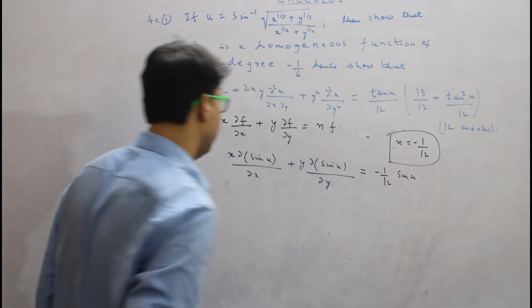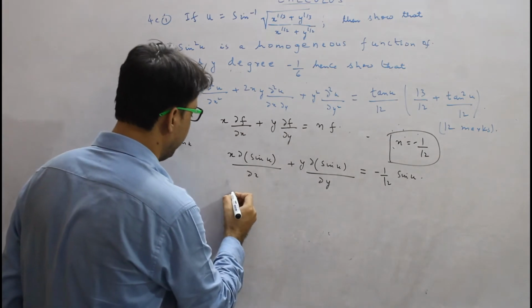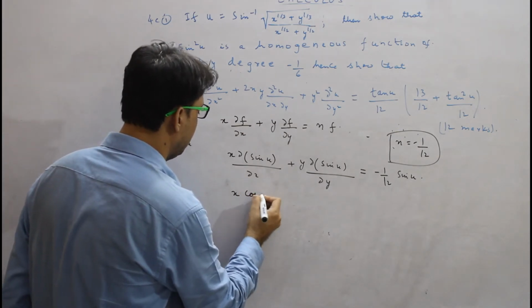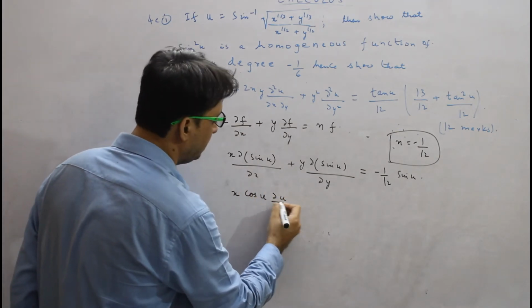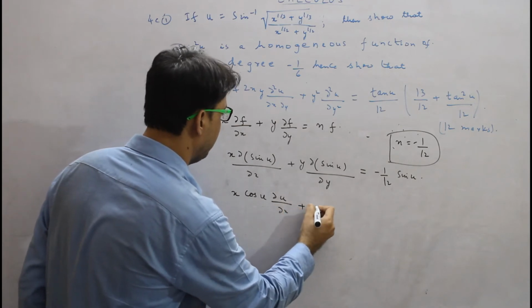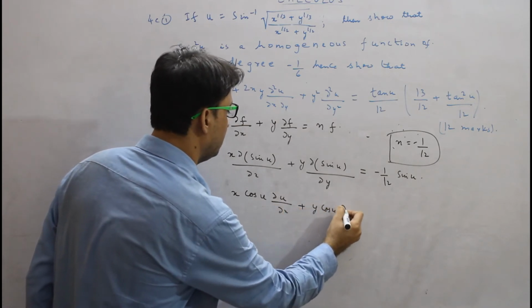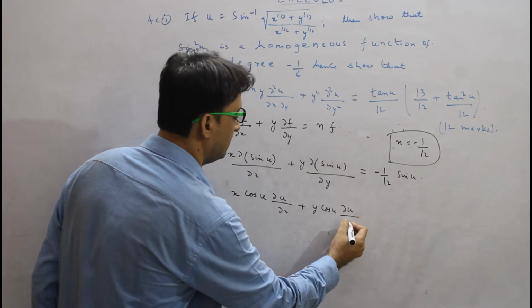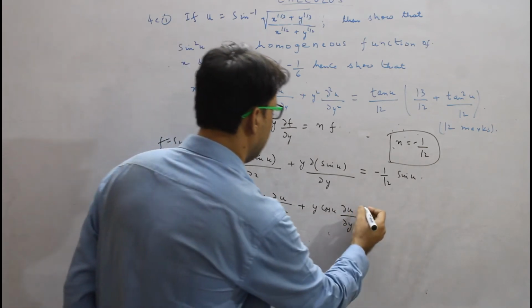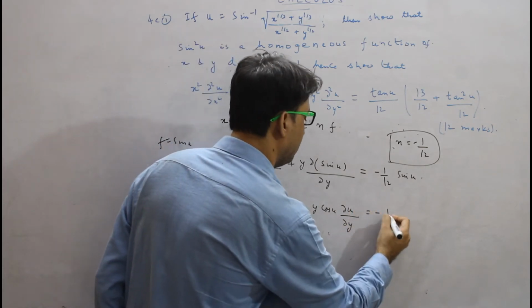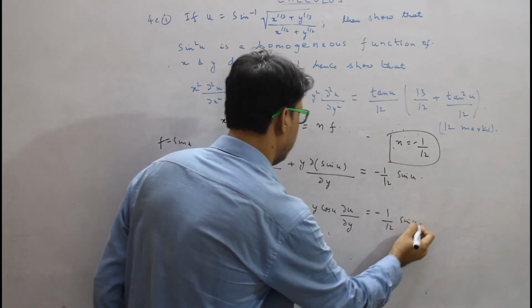This is sin u. So we can write this as x cos u ∂u/∂x plus y cos u ∂u/∂y is equal to minus 1/12 sin u.